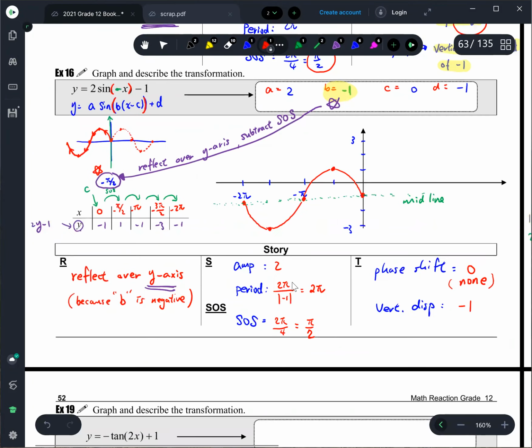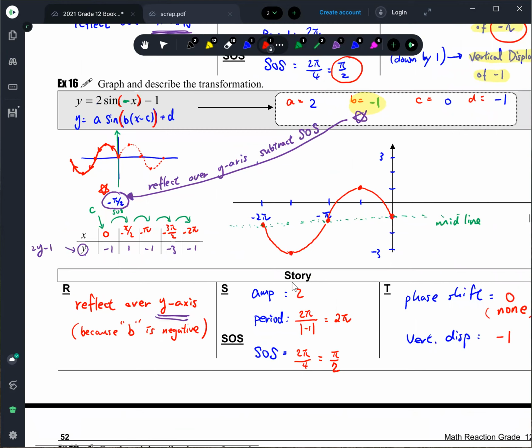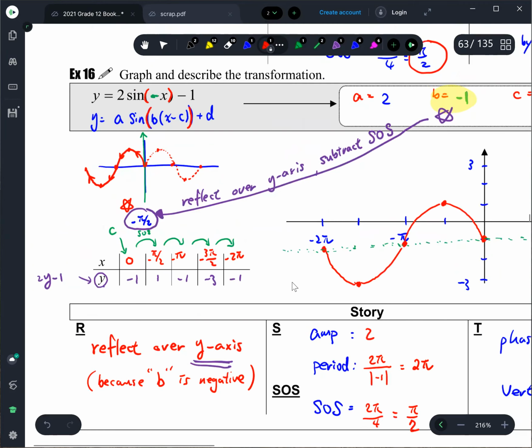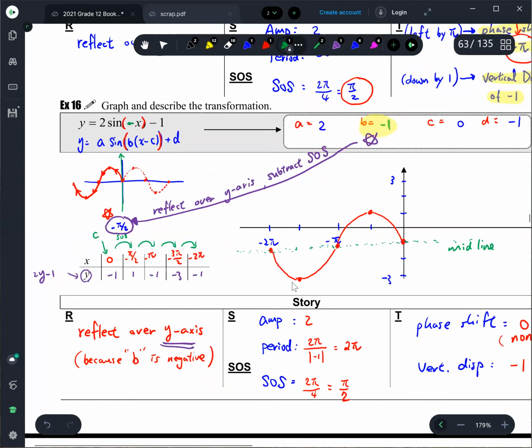So remember our C value. Now look at the table for question 16. To get the C value, C here is 0, right? And we use the value of C to get our first x value.